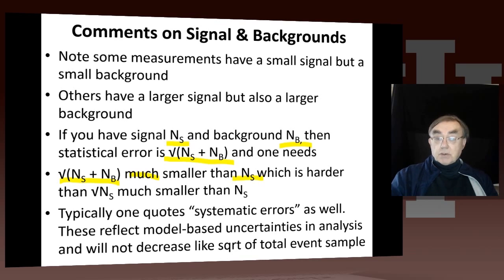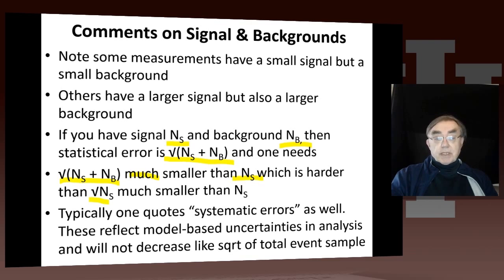And as you nearly always will have background, this is a much harder problem than making the square root of the signal smaller than the signal. So, probably 50 events, or let's say 49, the square root of that is 7. That's pretty significant if there was no background. But if the background is bigger than the signal, as we saw for the CMS data, you need thousands of events in the signal to distinguish it from the background.